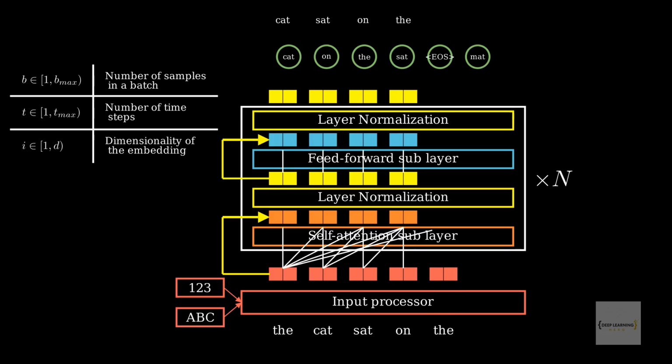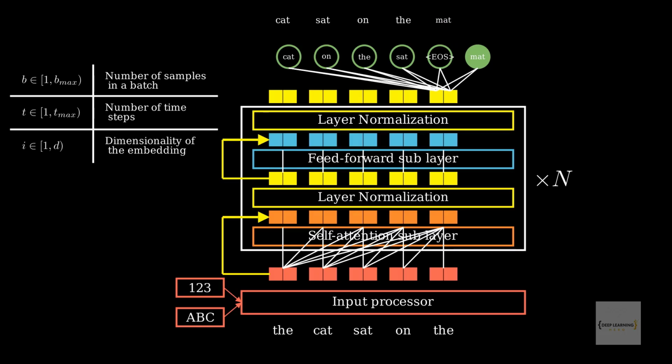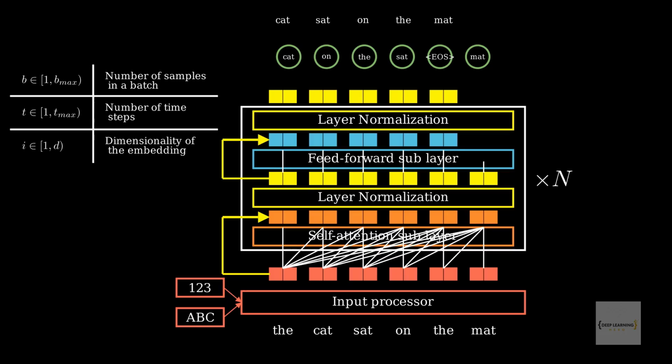Not only do you have to loop through this monolithic structure, having tens or hundreds of billions of parameters, at each step, you have to process more tokens than the previous.